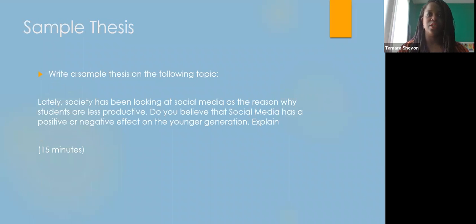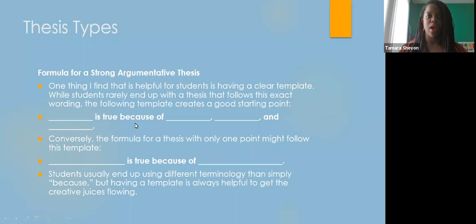So here's a sample thesis, okay? Lately, this is a topic that, for example, you would write a thesis statement on. Lately, society has been looking at social media as the reason why students are less productive. Do you believe that social media has a positive or negative effect on the younger generation? Explain. Okay, so when you are trying to do this sample thesis, you go back.